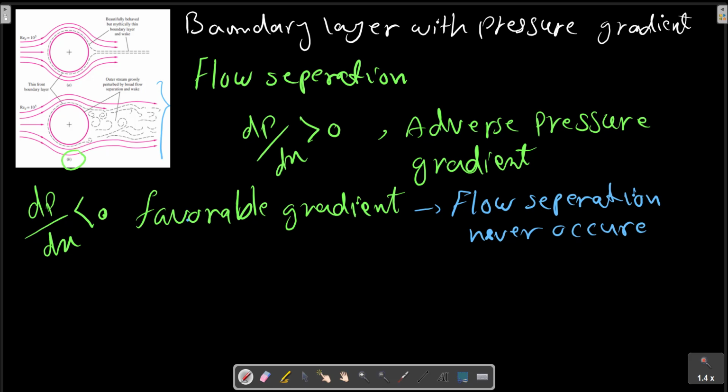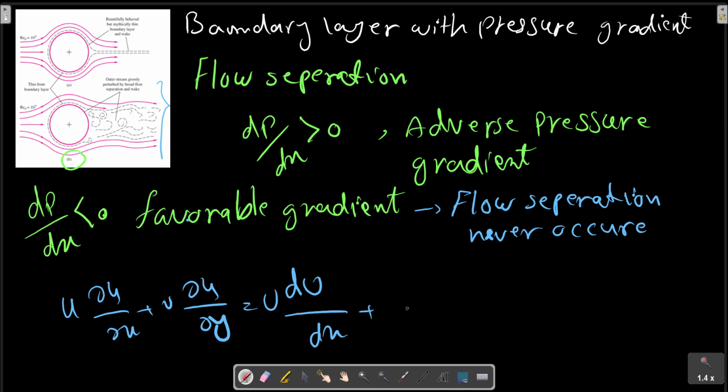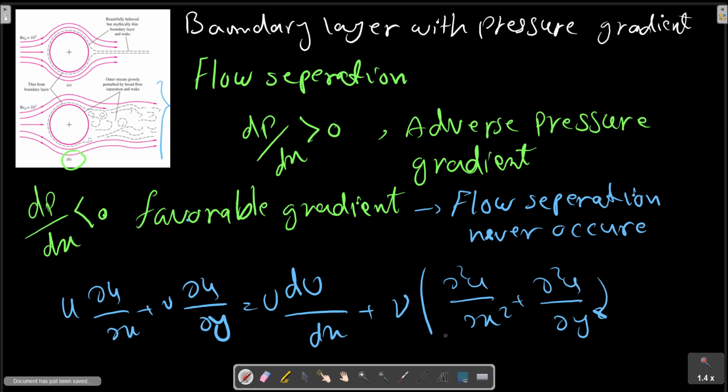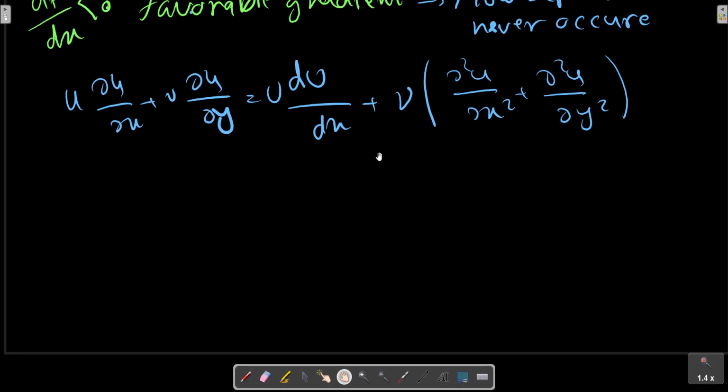At the wall we have u equals v equals 0, but we may have a gradient of velocity at the wall.